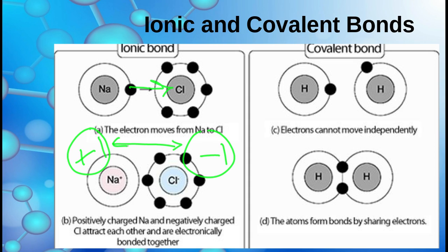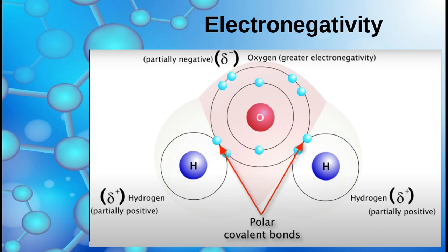Covalent bonds, neither one of these atoms want to give up their electrons because they're both nonmetals, and so what they do is they share them. So that's the key thing in covalent bonds, is sharing. So quickly going back to our previous slide, we have a polar covalent bond, an unequal sharing because nonmetal, nonmetal.